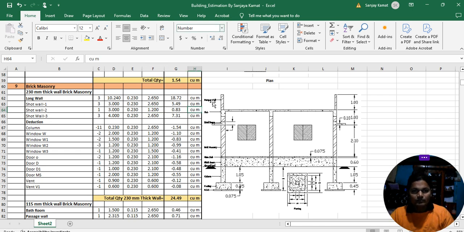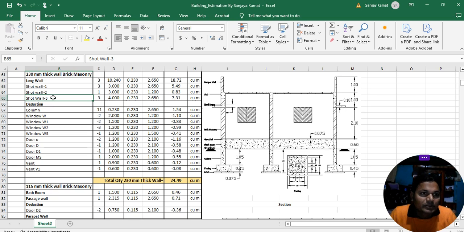Okay. Once you get the value of short wall 2, come for the second wall, that is short wall 3. For short wall 3, we are going to estimate the number of the wall 3, and the length of this short wall 3 will be 4 meter, and then breadth of the short wall 3 will be 0.230 meter, and the depth, the thickness of this wall, should be 2.650 meter.